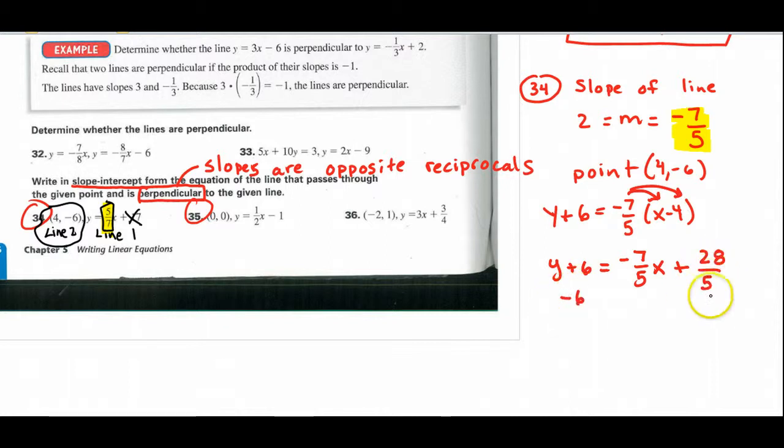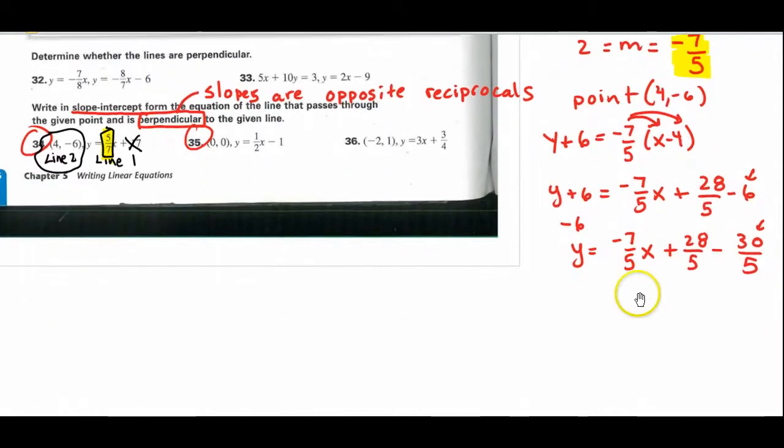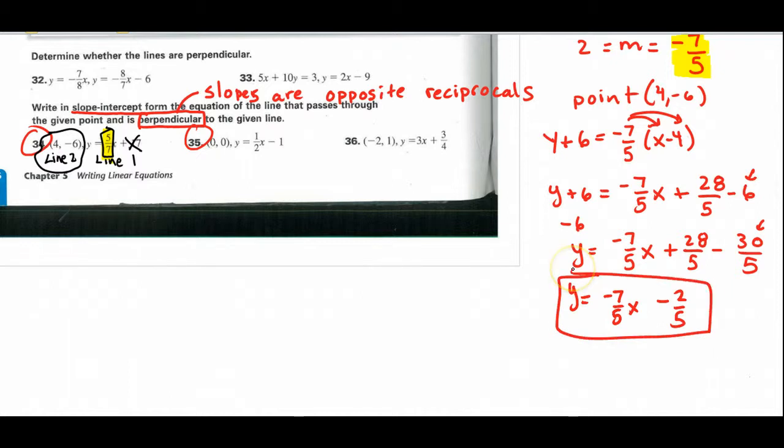I'm going to subtract the 6, y equals negative 7 over 5 times x plus 28 over 5 minus 30 over 5, which is the same as 6. And it looks like my answer is y equals negative 7 over 5 times x minus 2 over 5, and that's my answer in slope-intercept form.